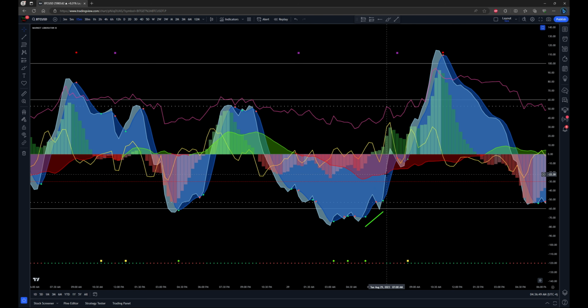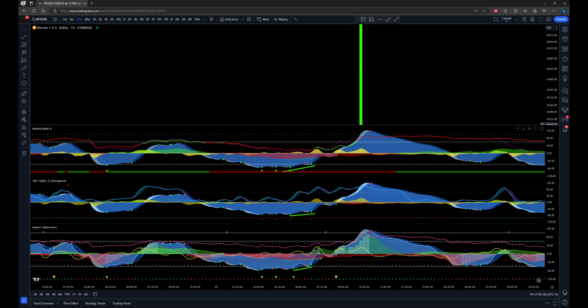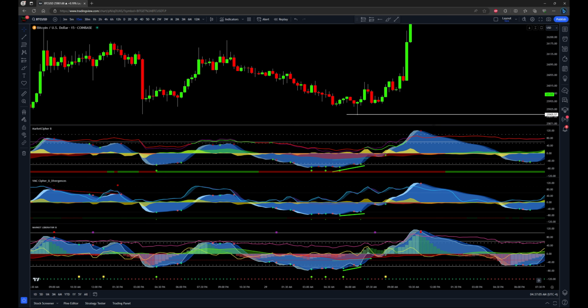Yep. So this one also coming to the upside there. So it was still valid with the VuManChu and the Liberator B version for an entry here into this long trade that caught quite a sizable move.